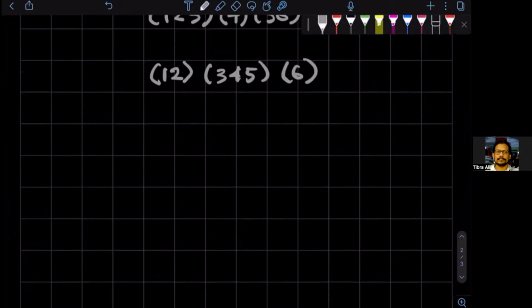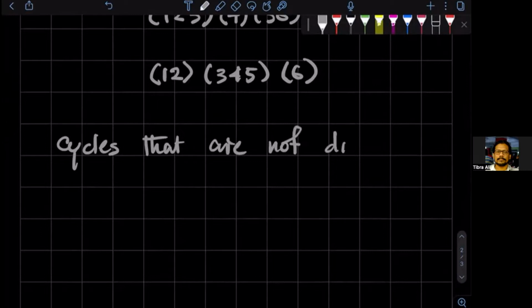And an example of cycles that are not disjoint would be cycles like (1 2 3)(3 6).